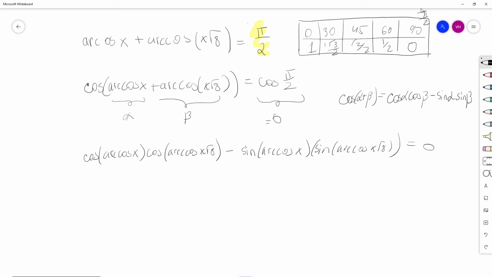Now this is quite ugly already because we have the sines of arc cosines, but we'll get to it shortly. This, as from a previous example, just simplifies into x times x root 8. This we can drop over to the right side, which is the benefit of having a 0 on the right side. And so we get sine of arc cos of x, and then sine of arc cos of x root 8.